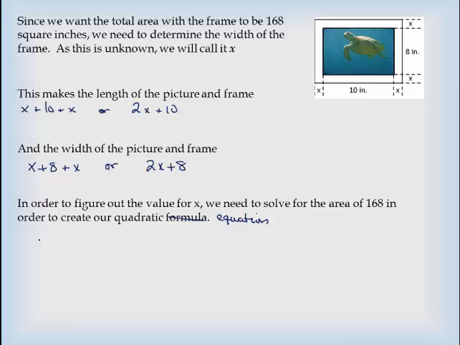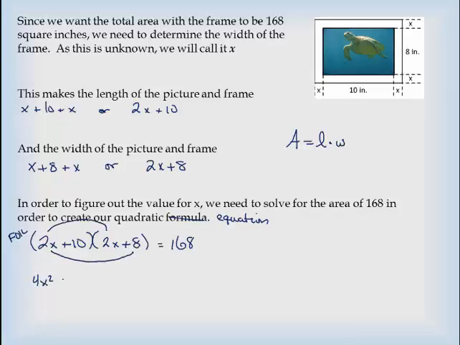Okay, so I have 2x plus 10 is my length, 2x plus 8 is my width, and remember area is equal to length times width, and our area is 168. So first I need to FOIL all this out. So 2x times 2x, that's my first, is going to give me 4x squared. Outside gives me 16x.